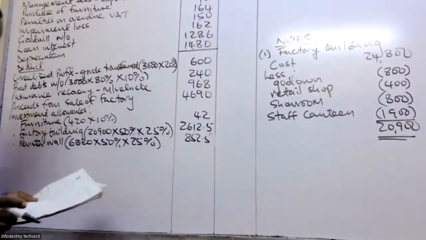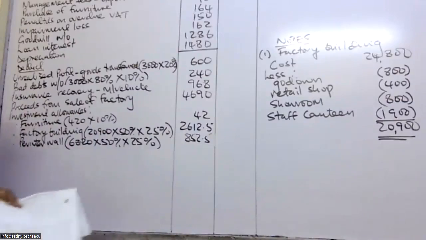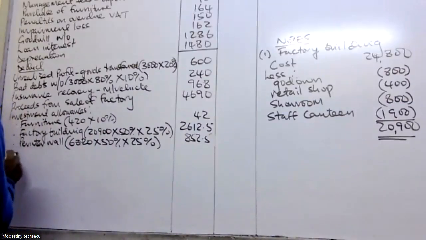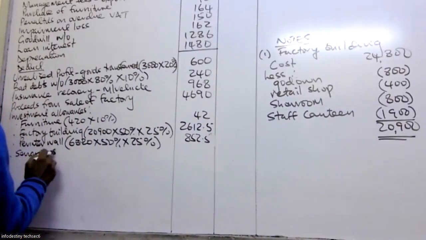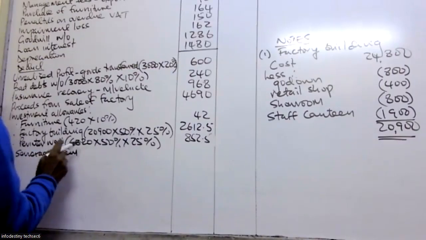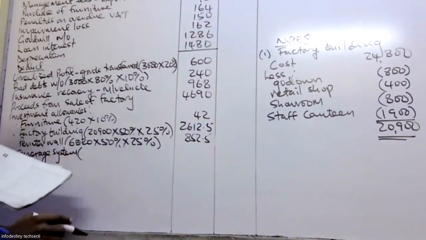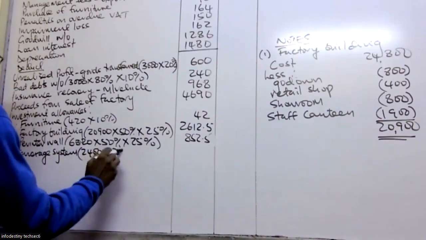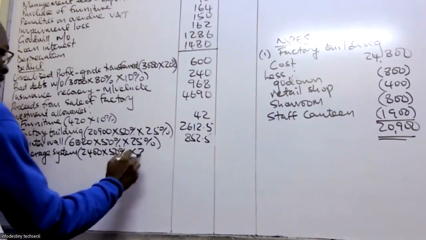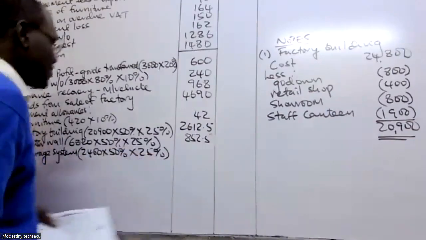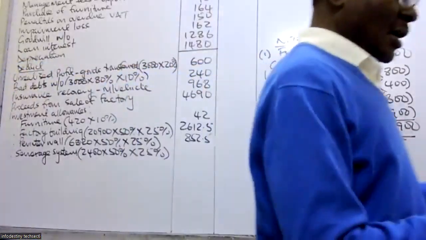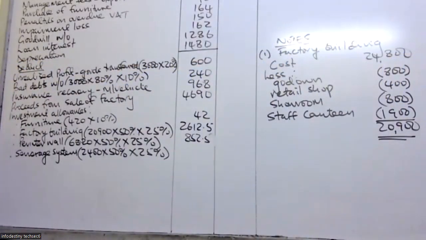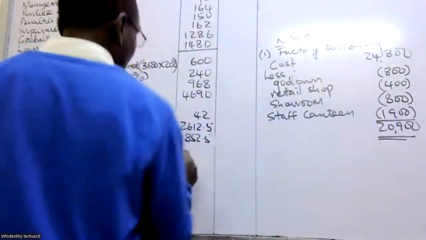Then sewerage system is something else. That's a machine, but it's okay. We'll just get machinery investment allowance for the sewerage. The sewerage system will still be the same case for machinery investment allowance. So the cost last year was 2,400. Whatever is left is 50% of that. Then you get 25% of that. So that's machinery investment allowance. And that gives us how much? 300.